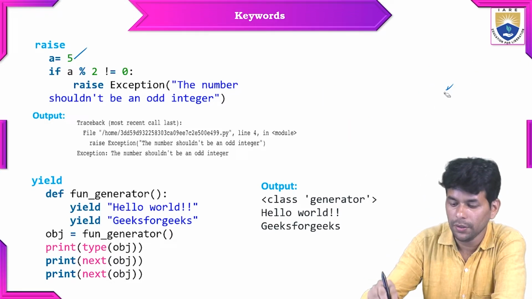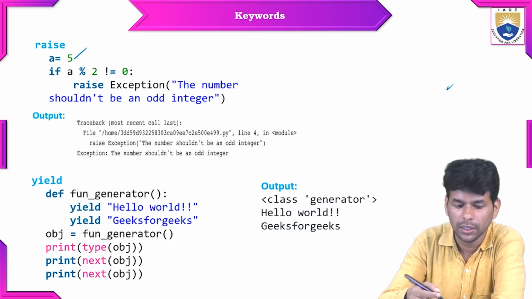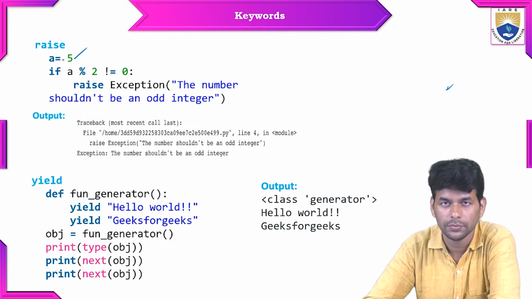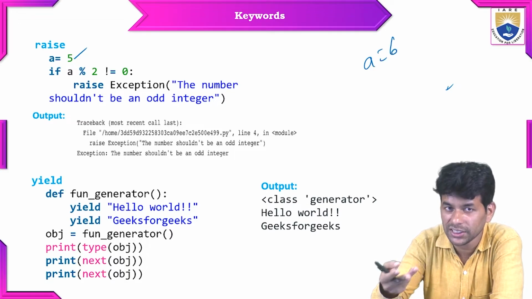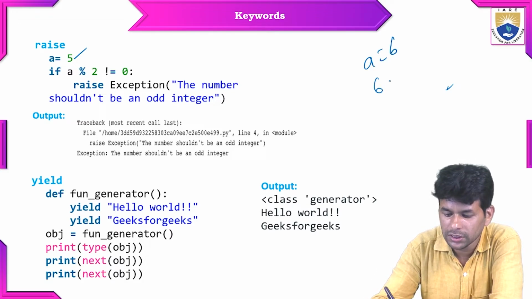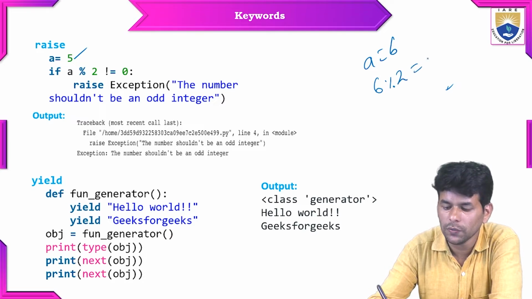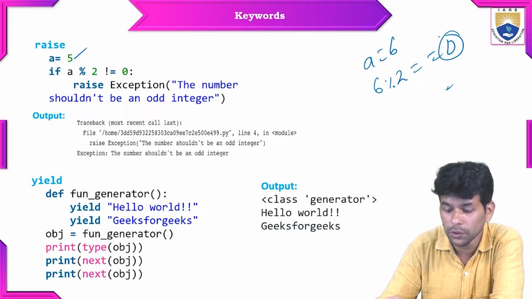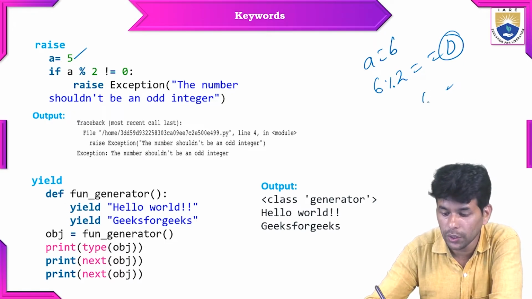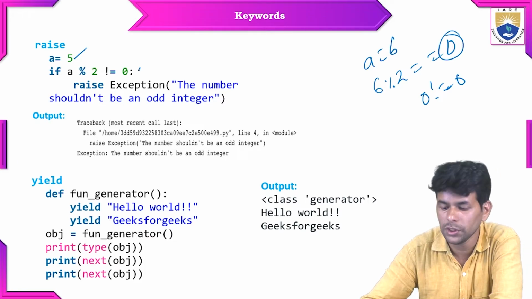If I give one more value, if a is not 5, let us assume a is 6, the condition is 6 modulo 2 is not equal to 0. 6 modulo 2 gives 0, and comparing 0 with 0, 0 is not equal to 0?